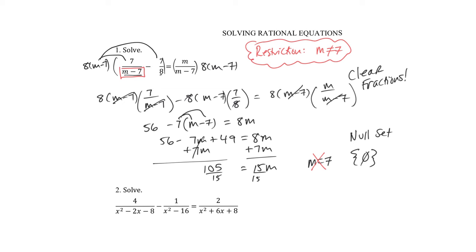There is no number that makes this equation true. Okay, so our steps for solving rational equations are figure out your restrictions, multiply by the common denominator, and then solve. Let's do another one.